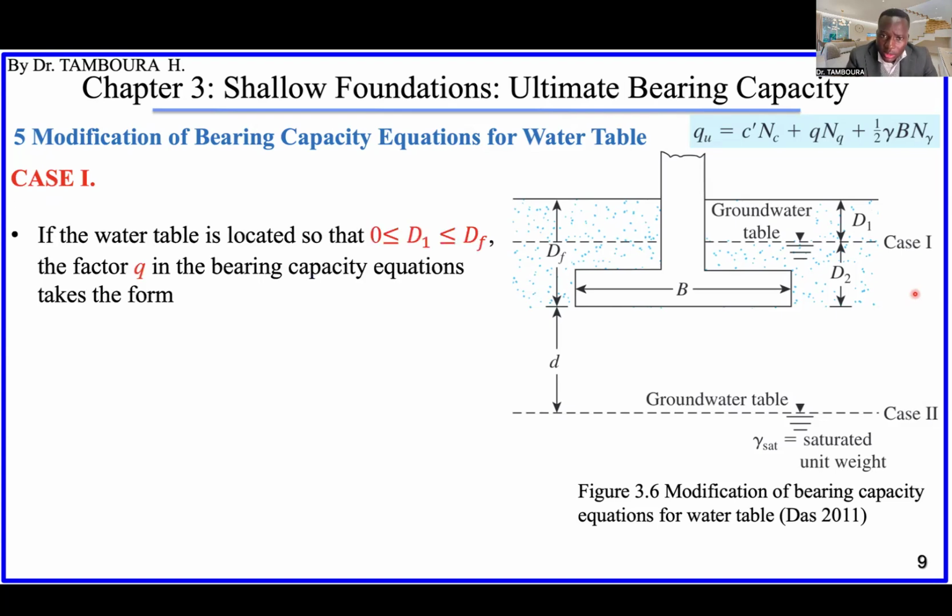can you see D1? What is D1? D1 is the level of the water table, meaning from the ground surface to the water table, the level of water. This is D1. So if D1 is between 0 and DF, you know already that DF is the embedment, from the ground surface to the base of the foundation, the footing.